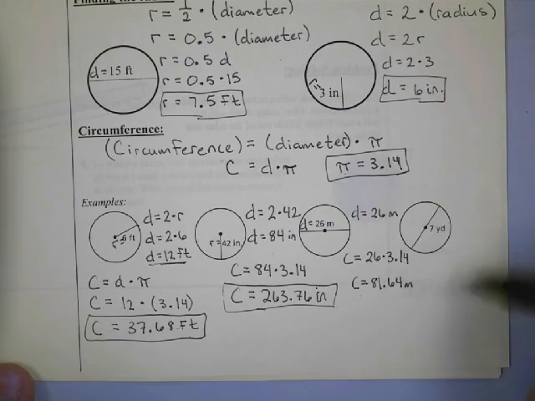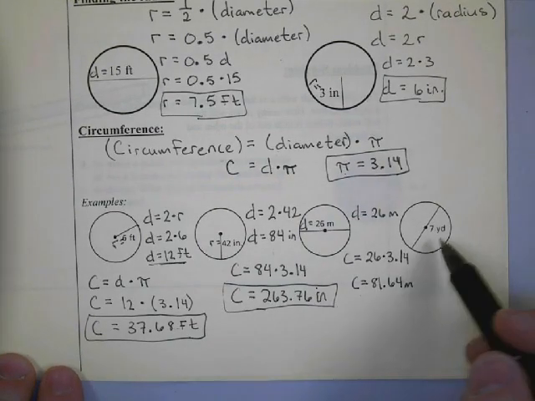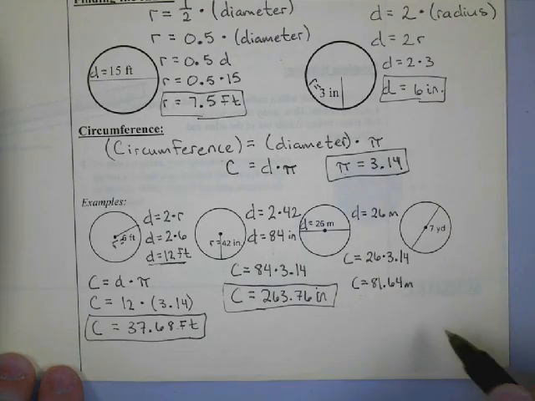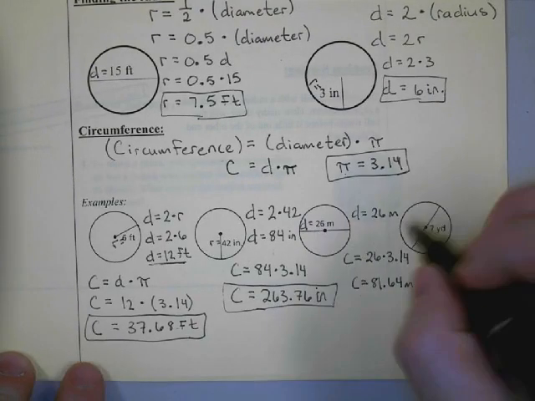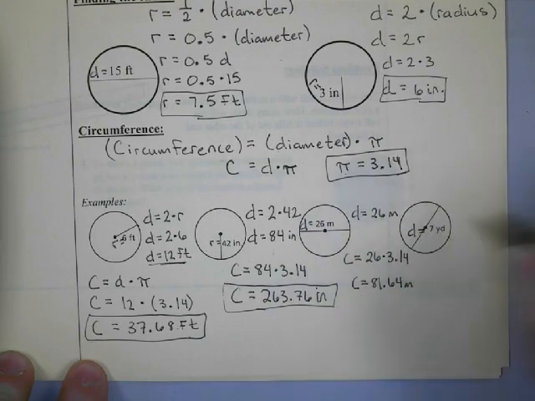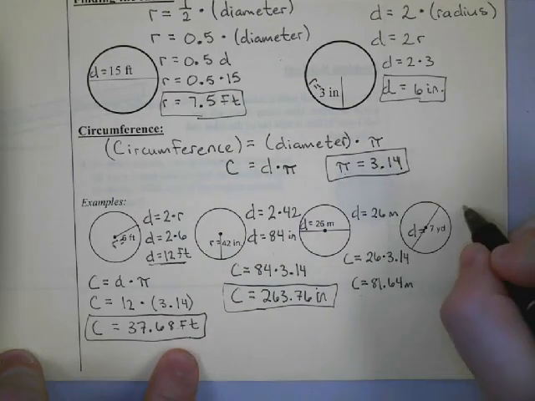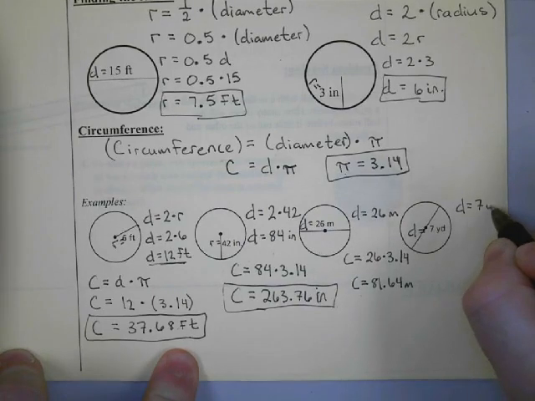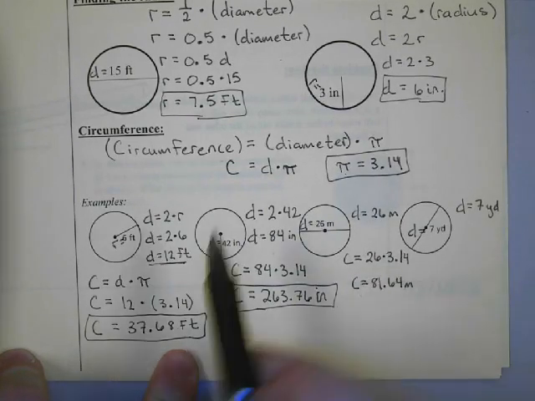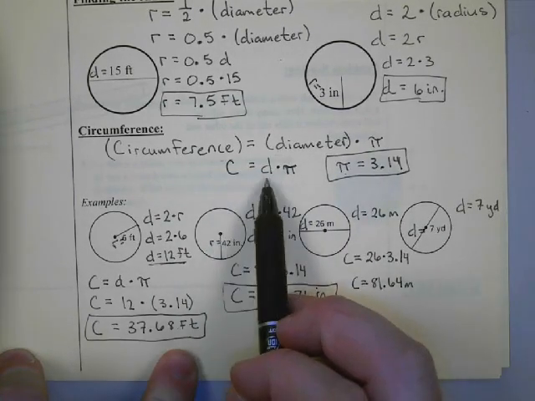So hopefully you paused the video. And again, this one's very similar to the last one, where we're already given the diameter. So I already know my diameter is equal to 7 yards. I can plug my diameter into my equation.